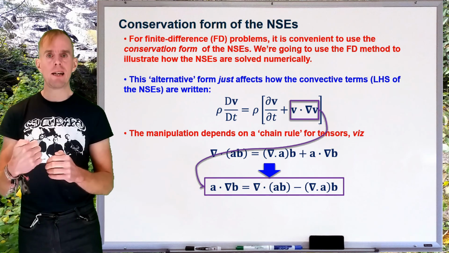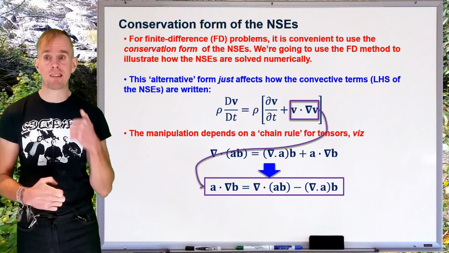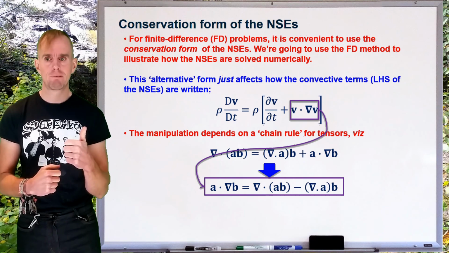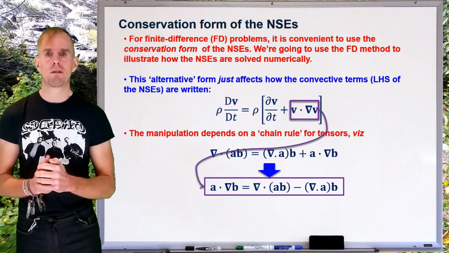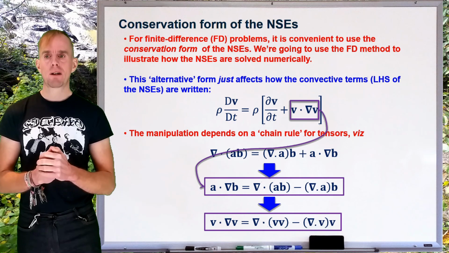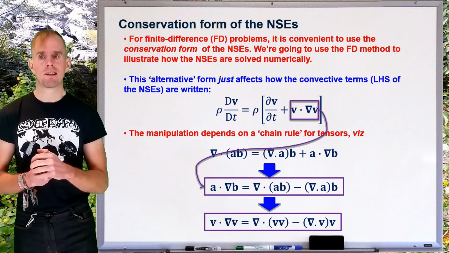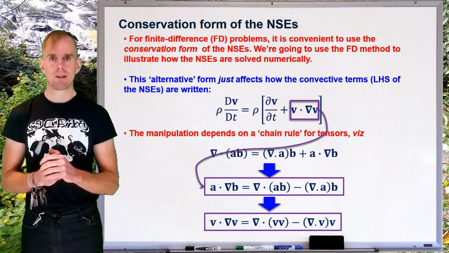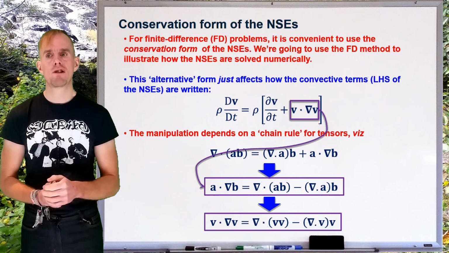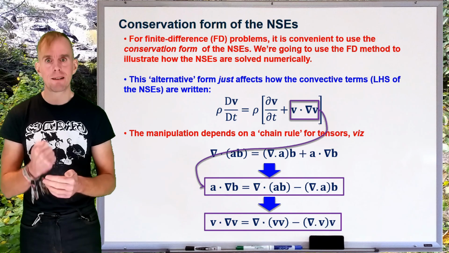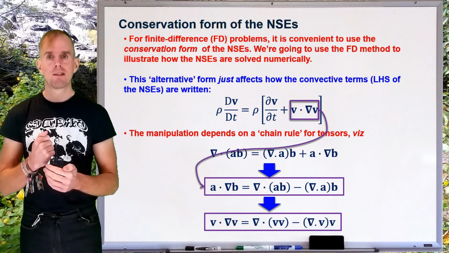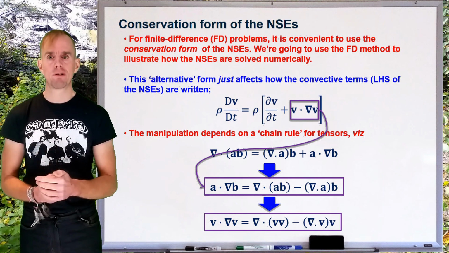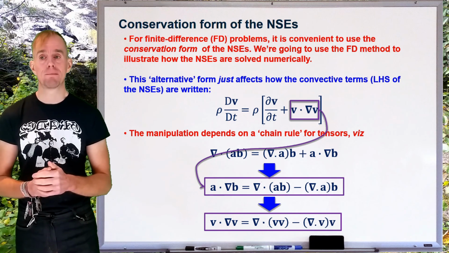So in this case, a is a velocity vector and b is the same velocity vector. So let's turn our attention to the right hand side of that equation, because the second term on the right hand side therefore is del dot v. Remember, for the Navier Stokes equations that we're looking at, which are for incompressible fluid flow, the statement of continuity exists, volume conservation, so del dot v equals 0.